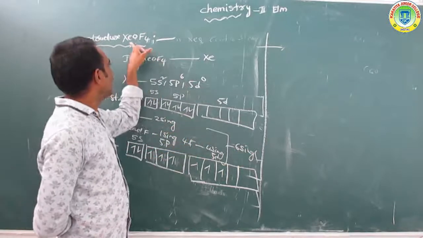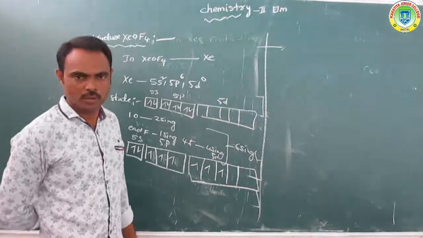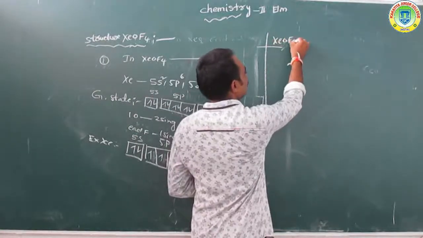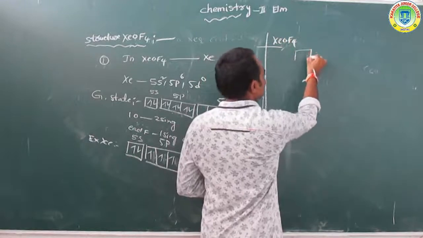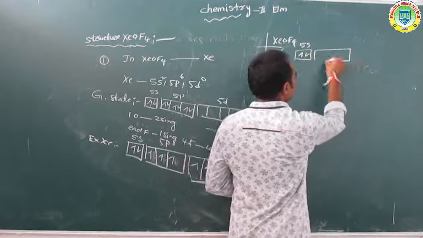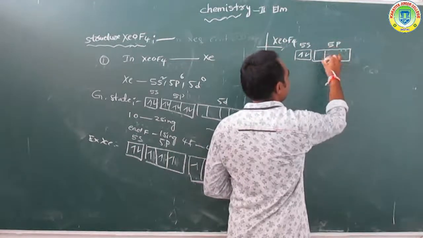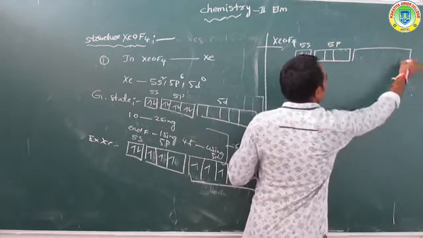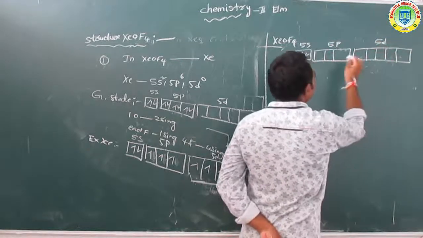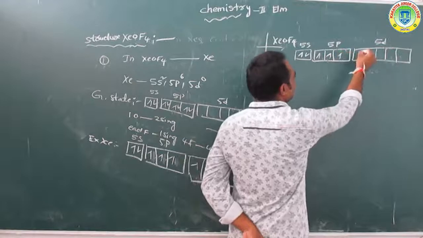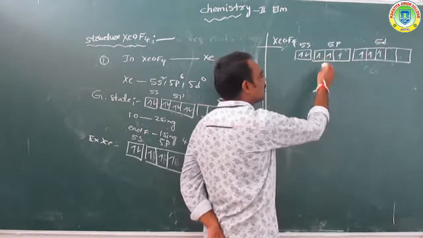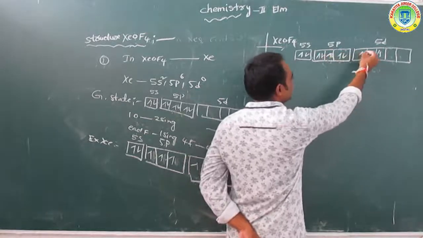to form XeOF4. What is the formation of XeOF4? The 5s orbital, next the 5p orbital, the 5d orbital, 1 1 1. So these 6 electrons are bonded with another 6 electrons.